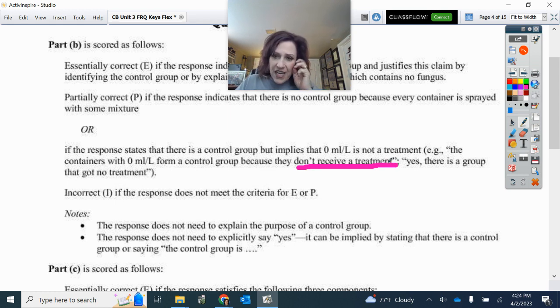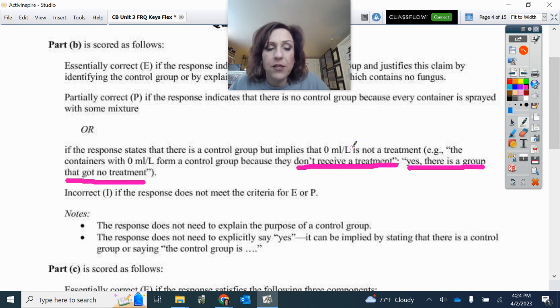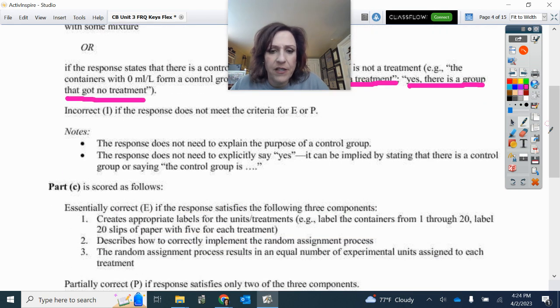Saying yes, there is a group that got no treatment also knocked you down. Interesting. They did get a treatment. It just had 0 milliliters per liter of the active ingredient in the treatment. Okay, so that was interesting. Man, that's a lot of specifics on that.